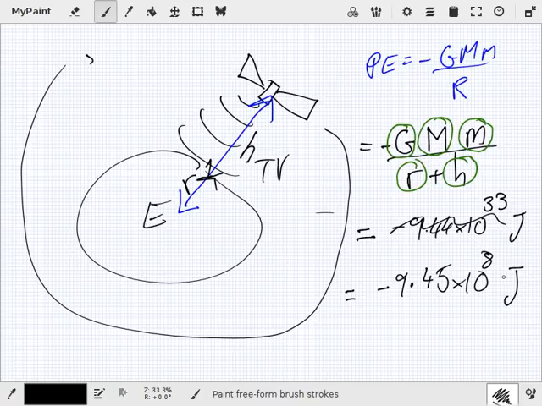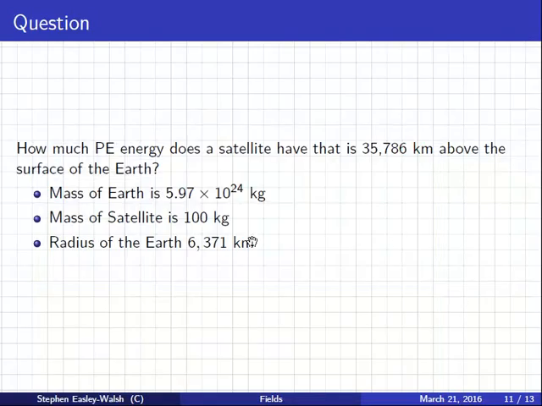Kilometers. Hareen, what did you say you got? 9.45 times 10 to the power of 8.